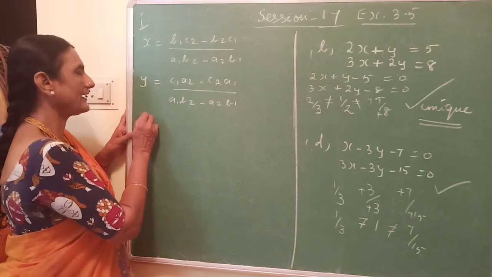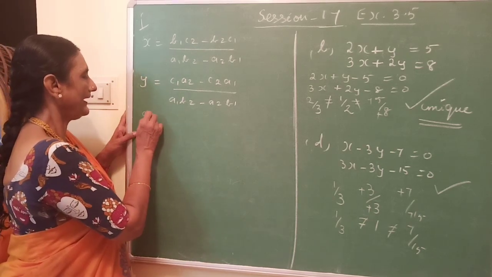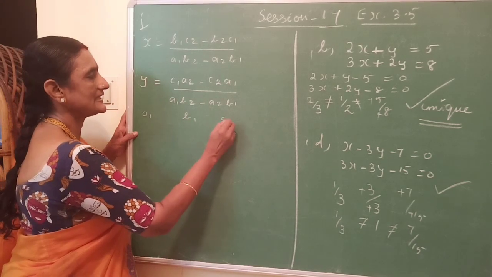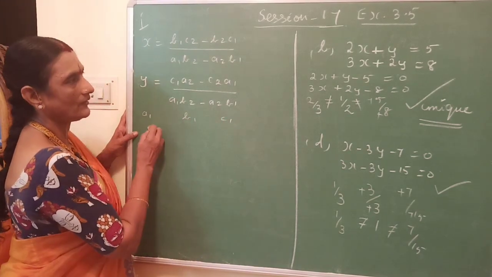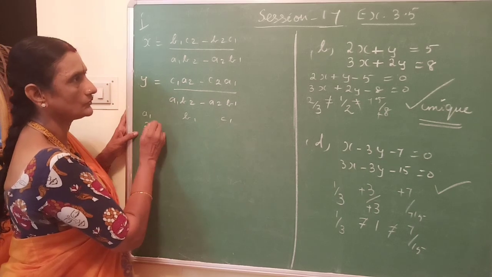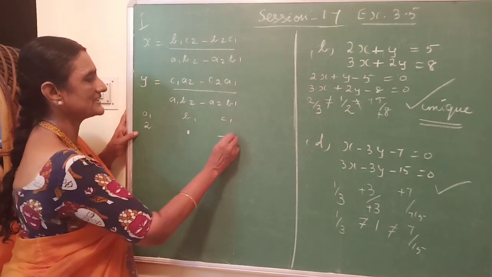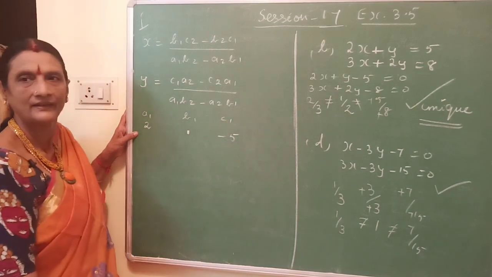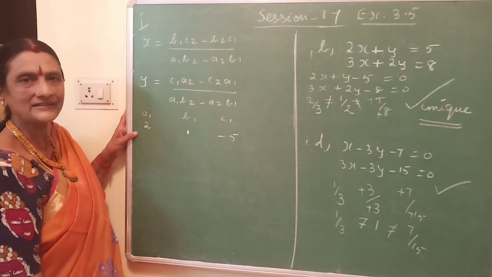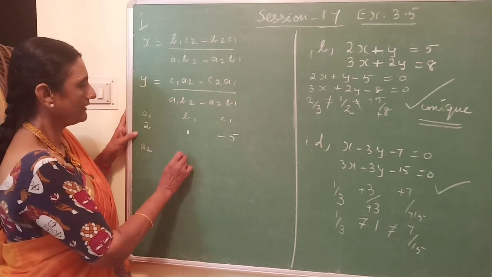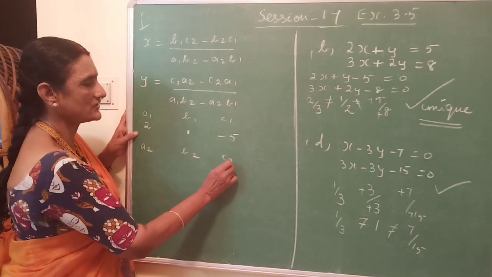Now here you can write A1, B1, C1. A1 is equal to 2, B1 is equal to 1 and C1 is minus 5. Correct? Are you understanding? Now you write A2, B2, C2.